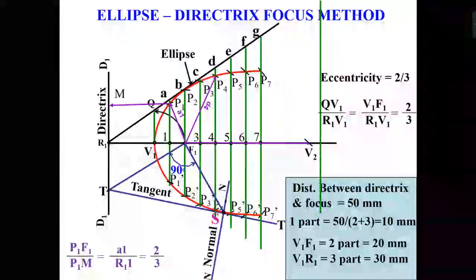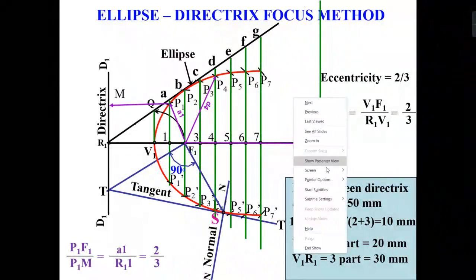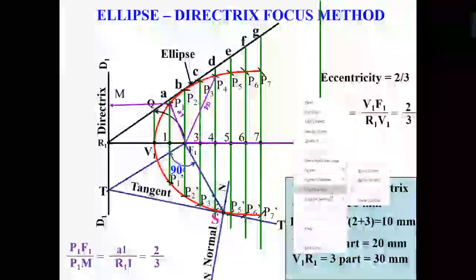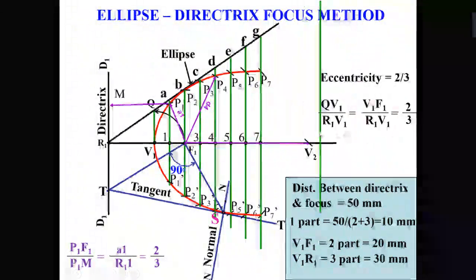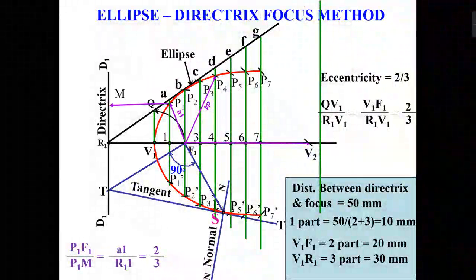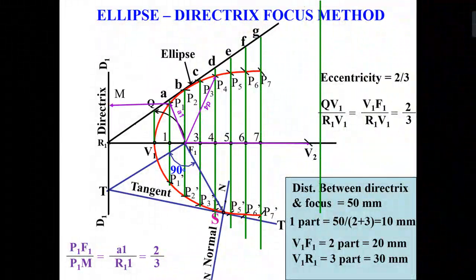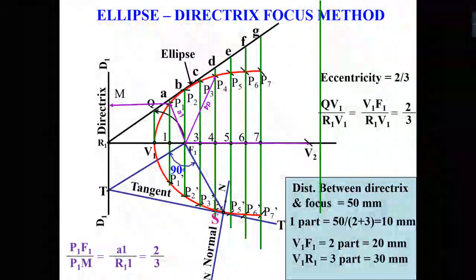So this is the general method and you can use the same method to draw the parabola as well as the hyperbola. There are some other methods as well, but those are not in your course, so I will not discuss those.